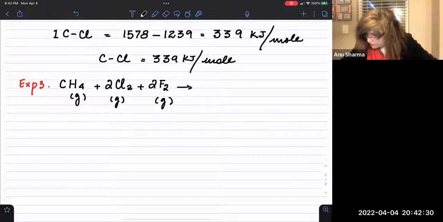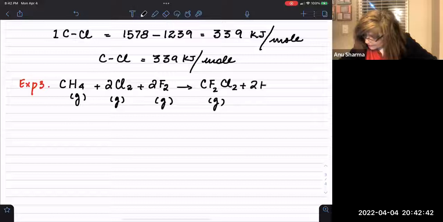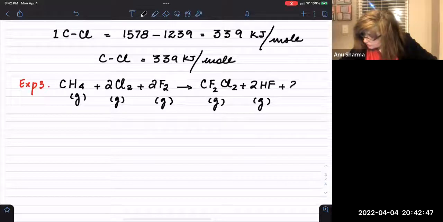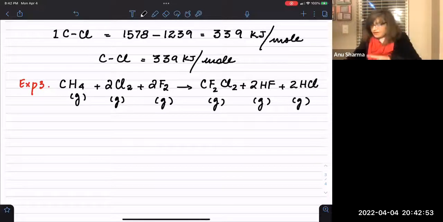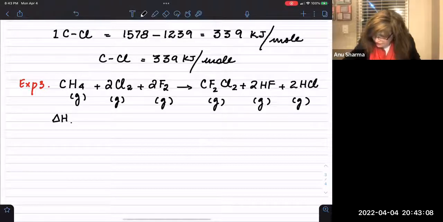Then what is formed here is CF2Cl2 in gaseous form plus 2 HF in gaseous form plus 2 HCl in gaseous form. Okay, so the question now is: find the total energy released for this reaction. What is the value of delta H for this whole reaction?